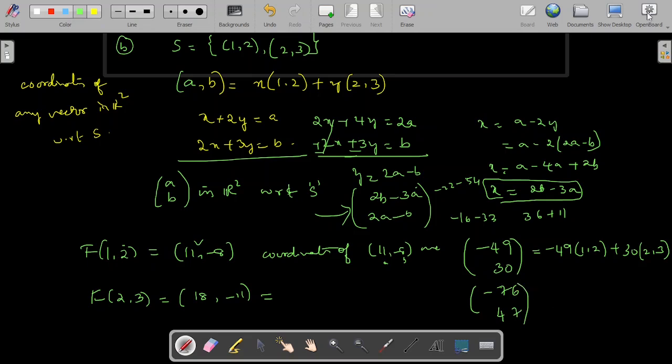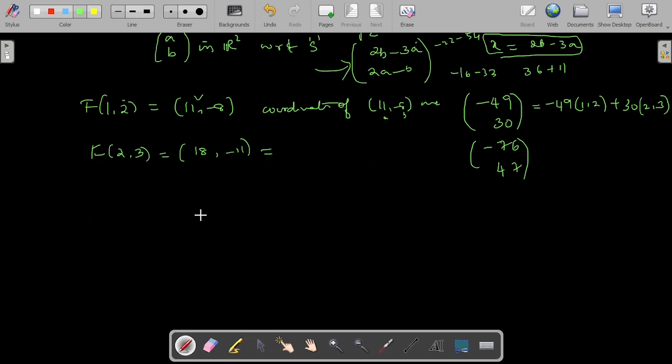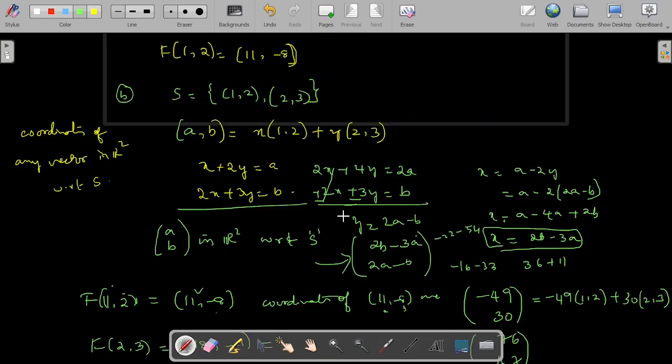Now you have to form the matrix of the linear transformation with respect to basis S, that is B. The basis vector (1, 2) goes to minus 49, 30 as per the basis system, and (2, 3) goes to (18, -11), but that is in our system. As per the new basis S, it goes to (-76, 47). This is the matrix of the linear transformation with respect to basis S.